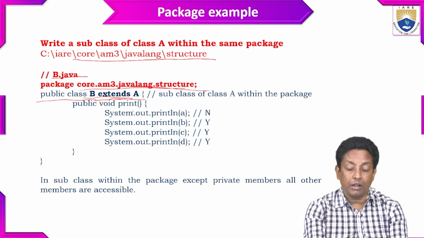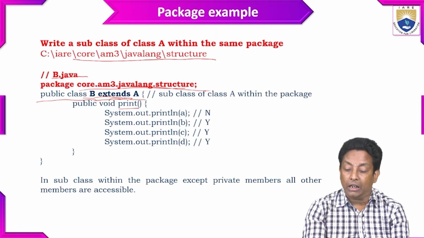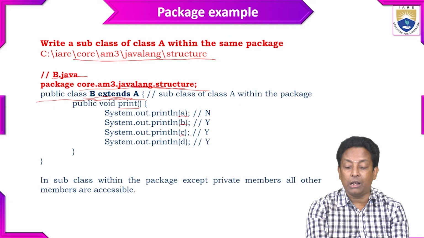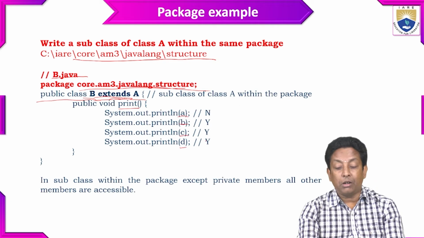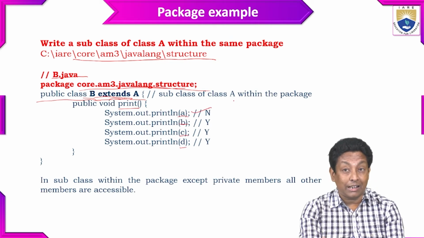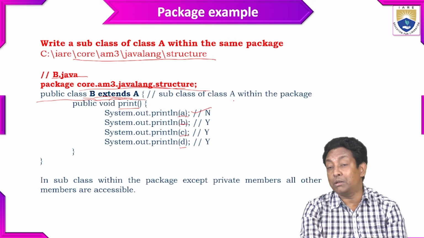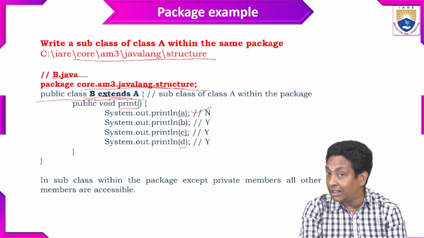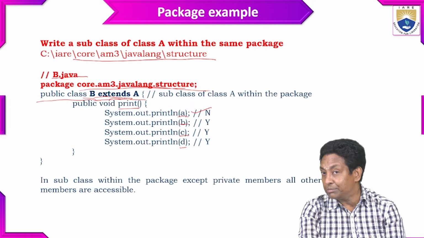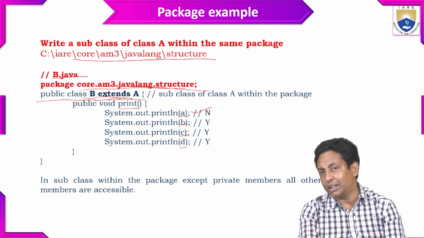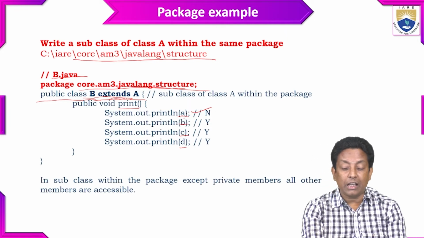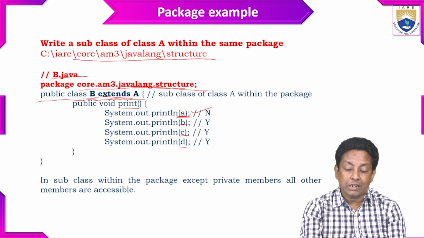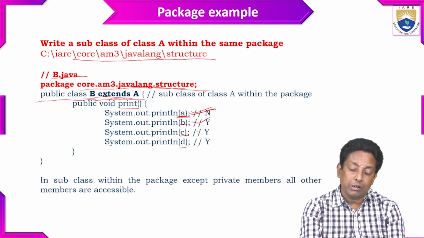In the B class, I am writing one method called print, and in the print method, I am trying to print the ABCD variables. Because A is a private variable in class A, private members can be accessed only within that class, but cannot be accessed in subclasses or anywhere outside the class. So except for the private variable, all other variables are accessible.